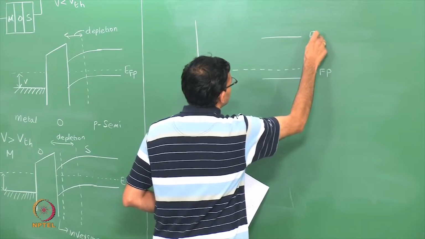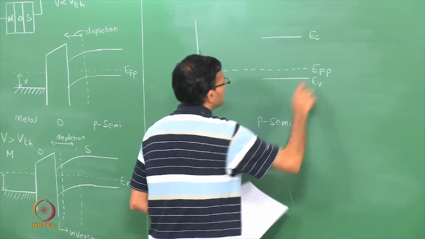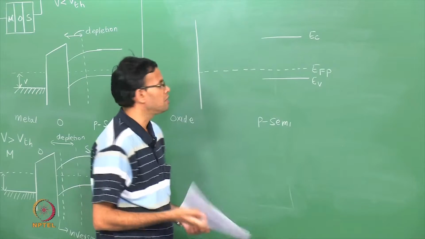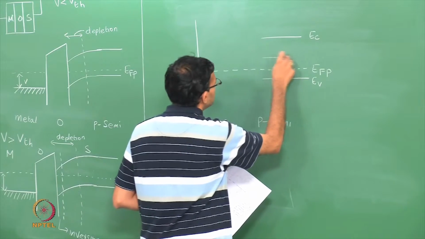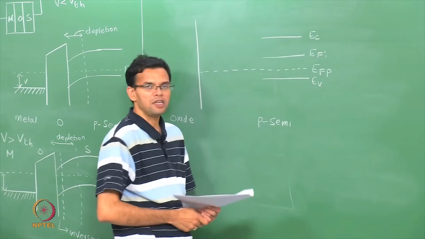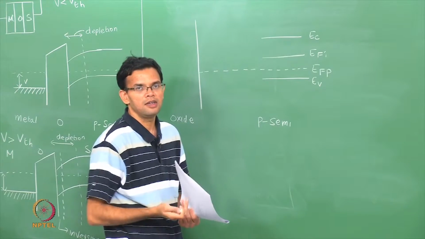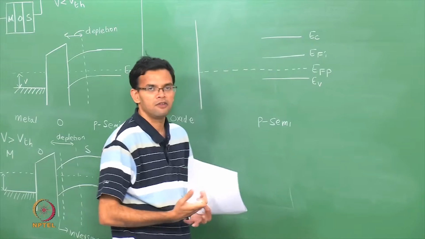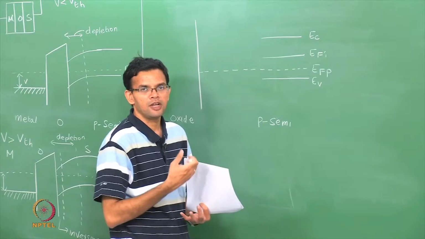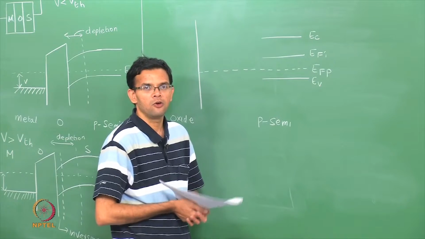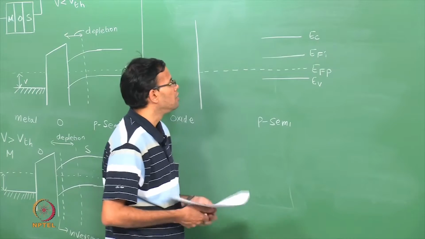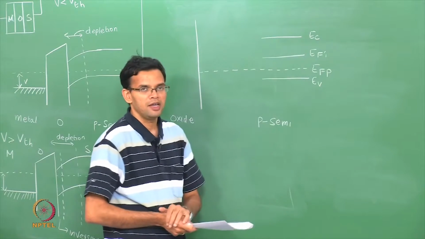So, this is EC and EV. In this diagram, let me also mark the intrinsic Fermi level EFI. Now, the intrinsic Fermi level, as we have seen earlier, is very close to the center of the band gap. It is not exactly at the center, because the effective masses of the electrons and holes are different, but it is very close to the center. So, we also have drawn EFI.